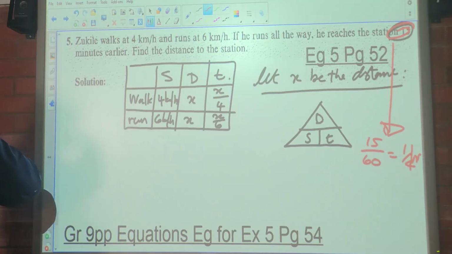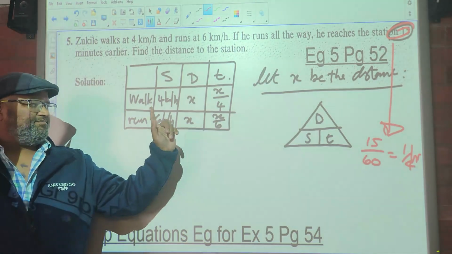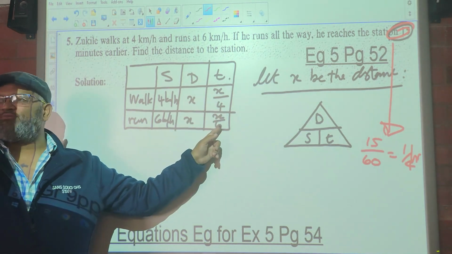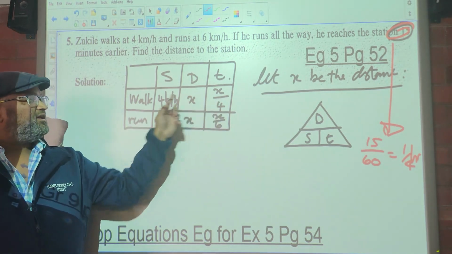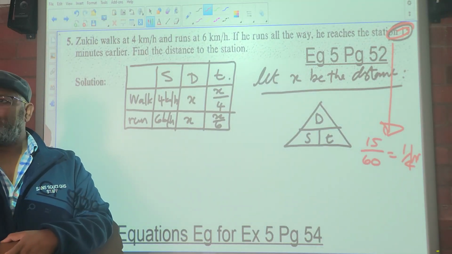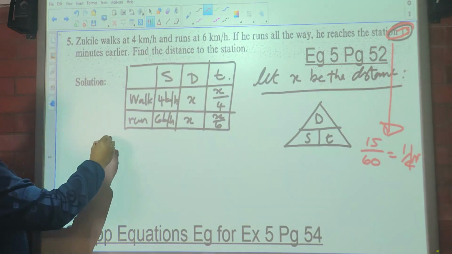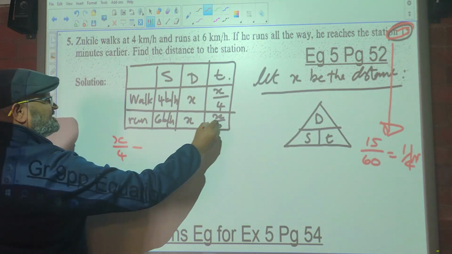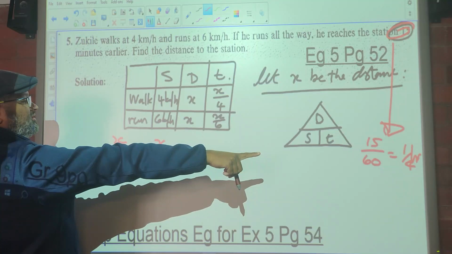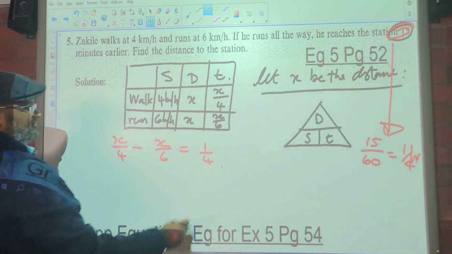Okay. So, the time that he runs, will that be longer or shorter than the time he walks? Longer, the time he walks. So it will be the bigger time minus the smaller time would give me an answer of a quarter.